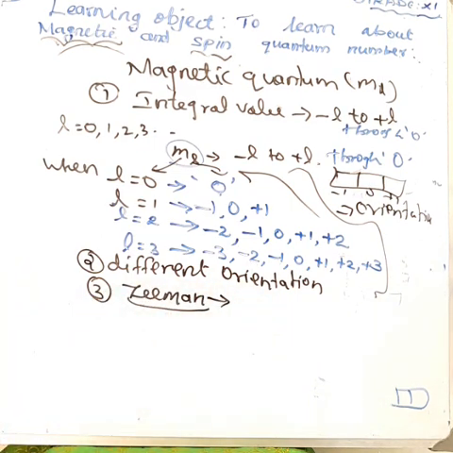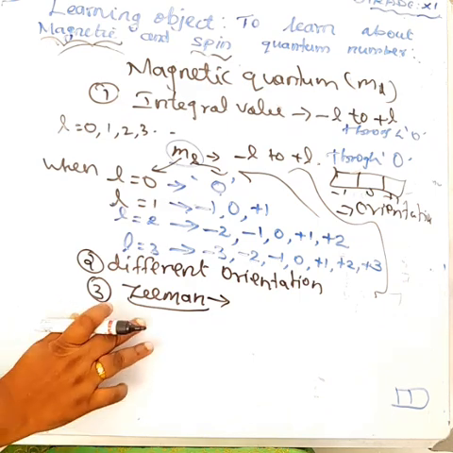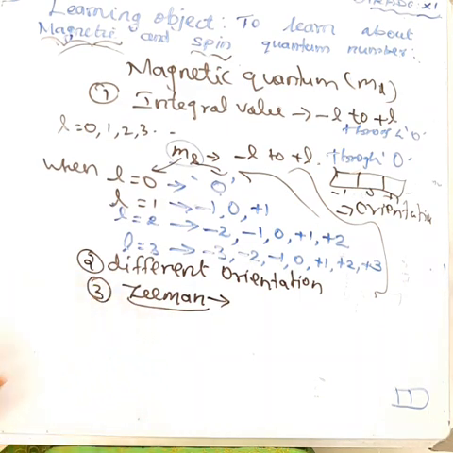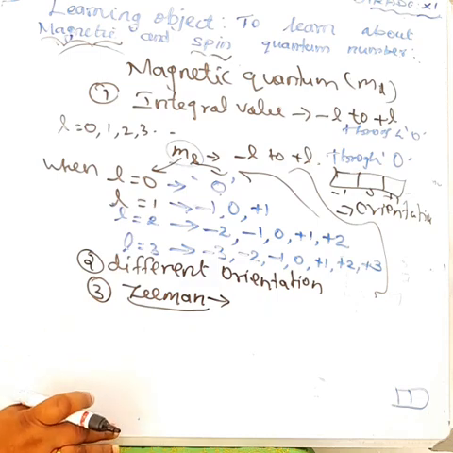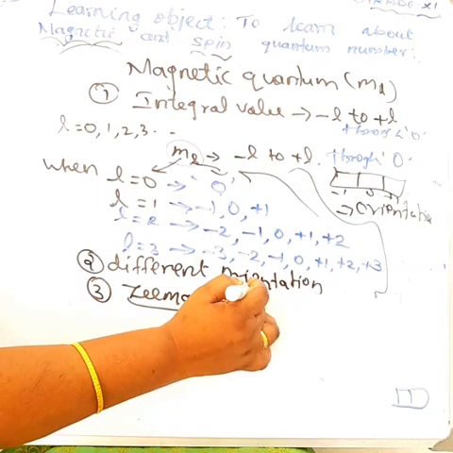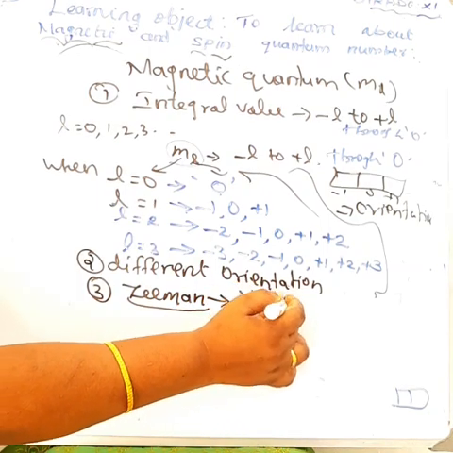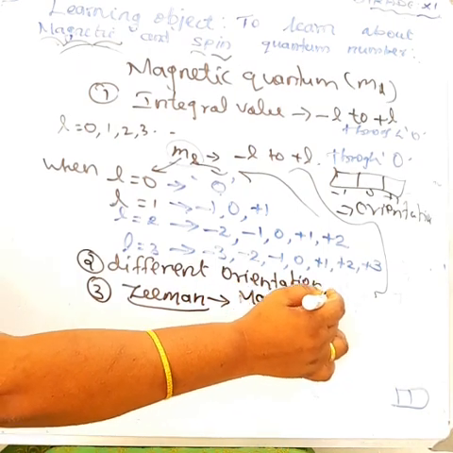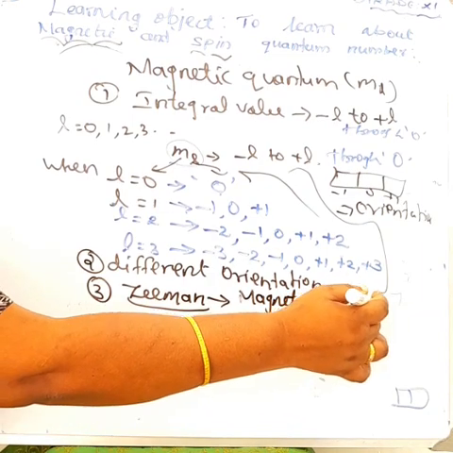Okay. So Zeeman is one of the scientists. He did an experiment to identify the magnetic quantum number. How did he do the experiment? He applied a magnetic field on an atom.